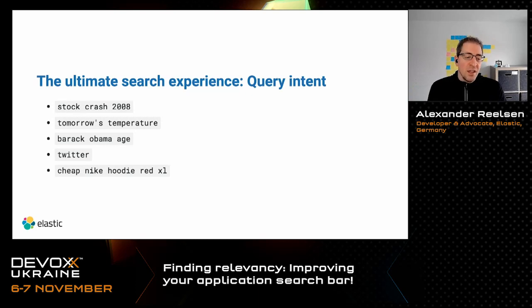Or this is a classic e-commerce search request that you basically have to dissect, right? Because you probably would not find this exact description in a product description of any of your products. And you have to know, maybe for "cheap", you want to only filter on products that are on sale. Then Nike is a brand, so you may want to move this filter over to the brand. And then there's a color inside of that, so you don't want to search in the product description or title, but you want to filter on the color.